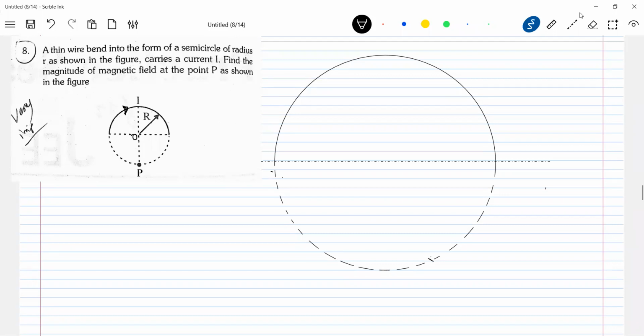So let's take a point O. So here the current I. Let me choose a current element here. Let it be dl. So this distance is what we have equal to R. But he's asking something at point P.